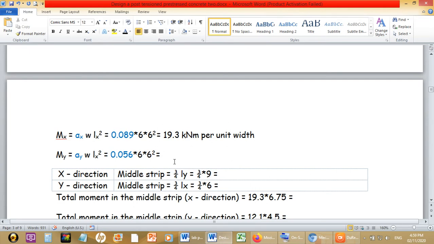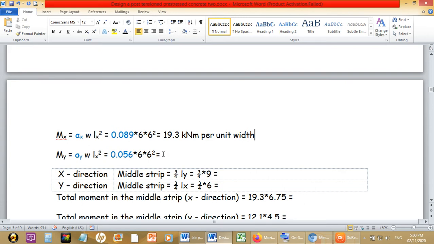In the same way, do the calculations for my, but do remember that in IS code also it is given that we consider the Lx span for my moment. For mx moment we have considered the shorter span, and for my moment also we have considered the shorter span. This is the most important thing we need to remember while designing.